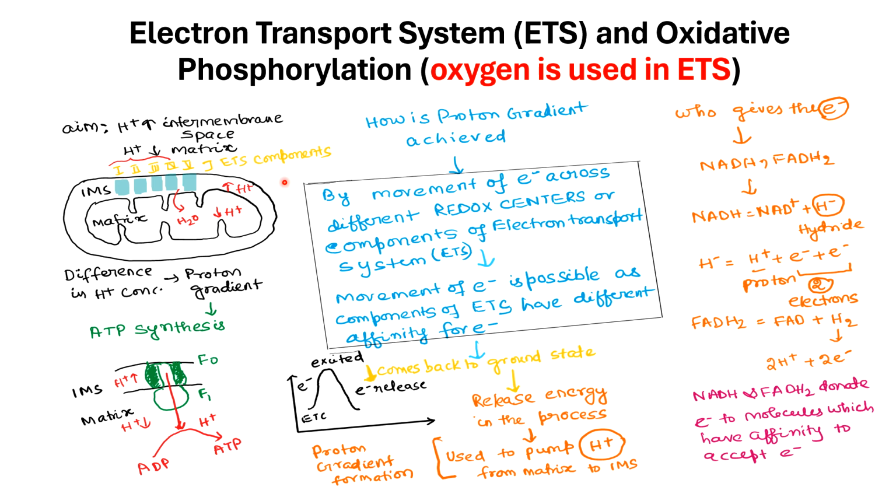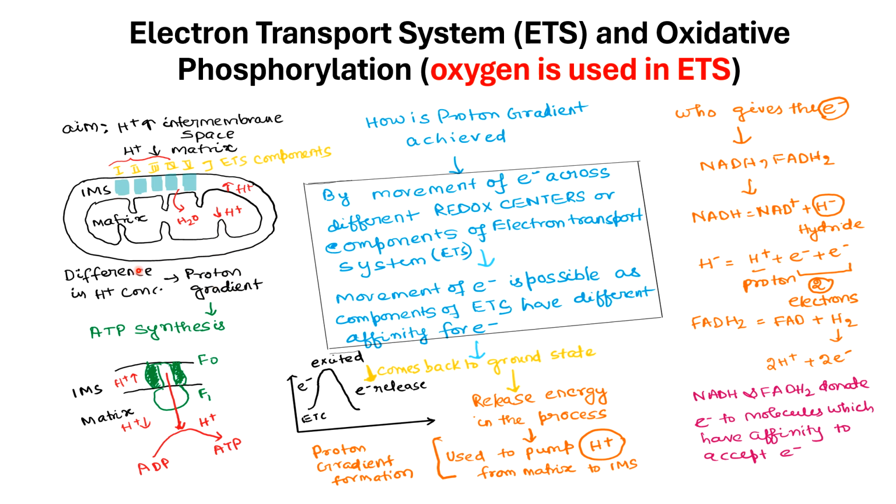So in ETS, indirect formation of ATP is achieved with the help of the proteins that constitute the electron transport system, or ETS. Typically, there are five proteins, that is 1, 2, 3, 4, and 5, that are responsible for generating the ATP and are present in the inner membrane of mitochondria. Is that clear?